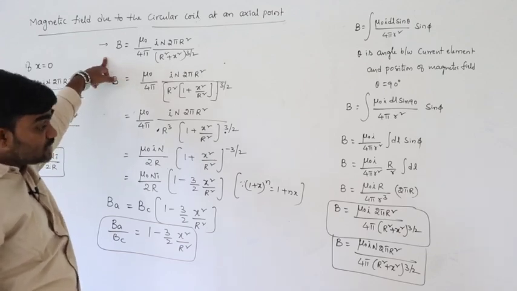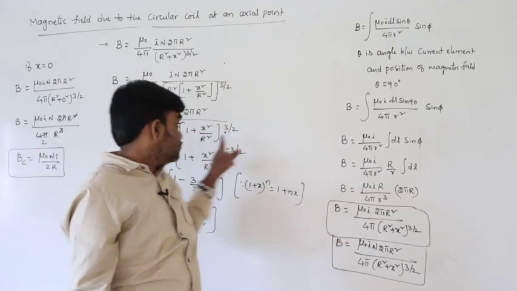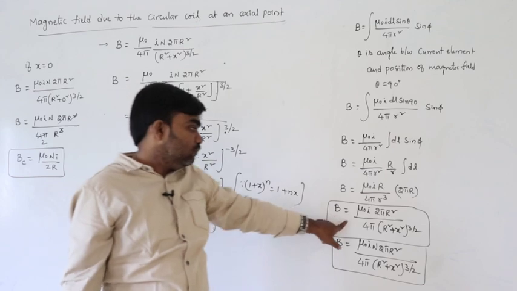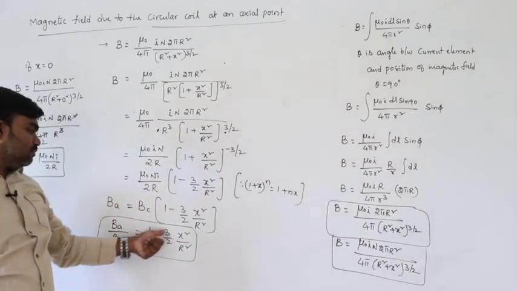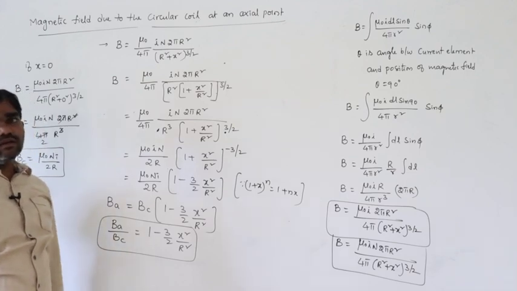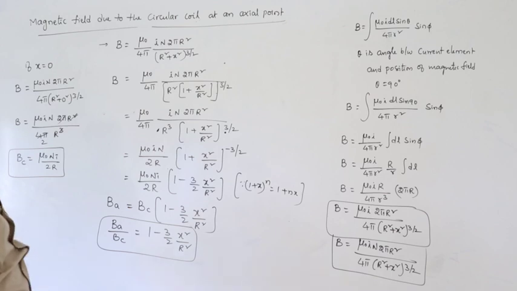If x is greater than r, then we must use this relation directly. In this situation, if x is greater than r, we must use this relation. So B A by B C is equal to 1 minus 3 by 2 x square by r square.